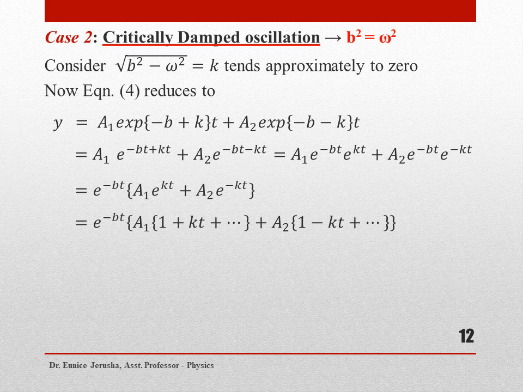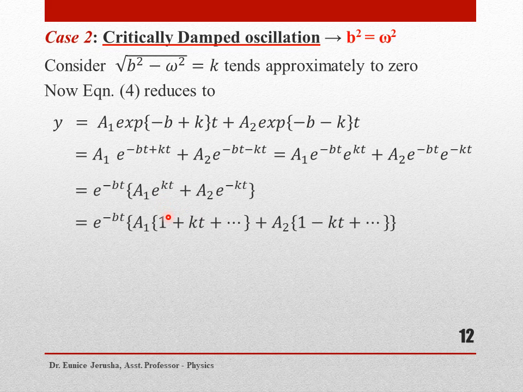On taking e power minus bt outside, inside the bracket we have a1 e power kt plus a2 e power minus kt. E power kt and e power minus kt are now expanded, and in our next step we have e power minus bt into a1, and this expanded set of terms is nothing but e power kt.